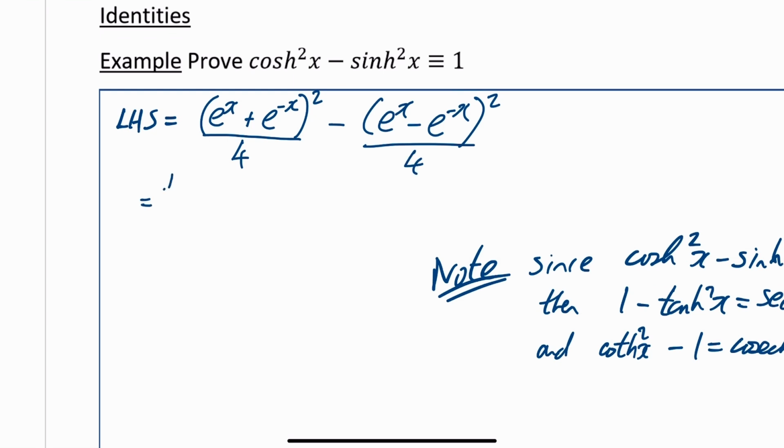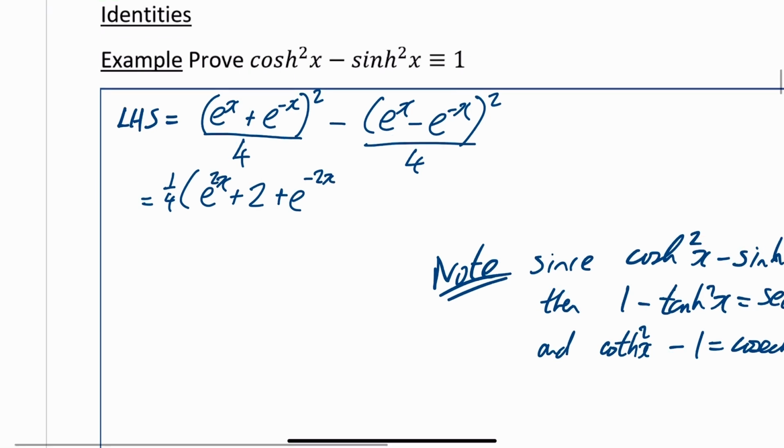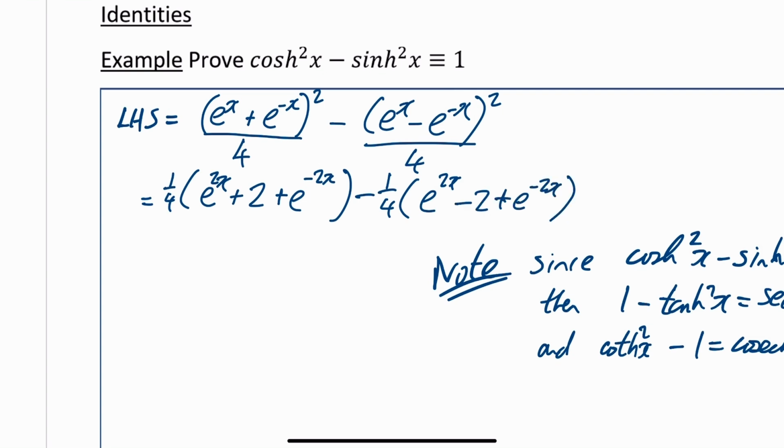You're going to have a quarter times e to the 2x plus 2 plus e to the minus 2x. Then minus, again, a quarter times e to the 2x minus 2 plus e to the minus 2x.